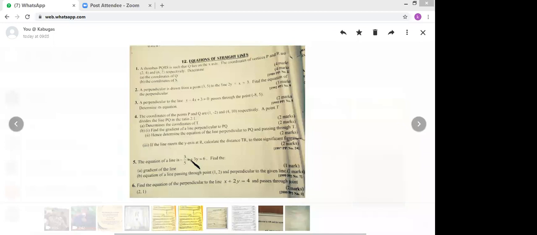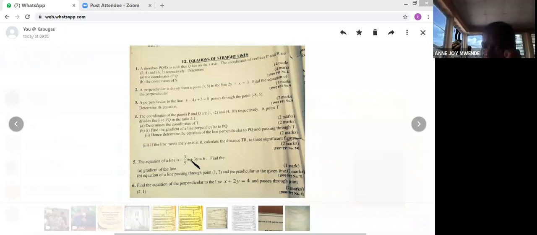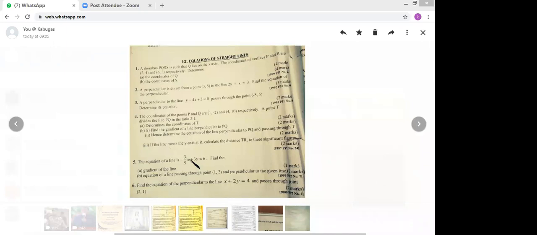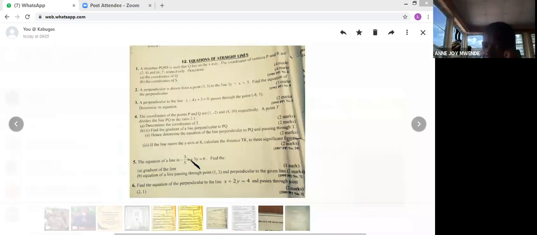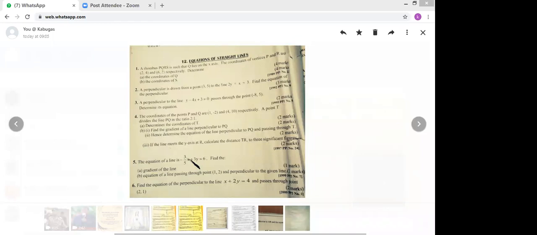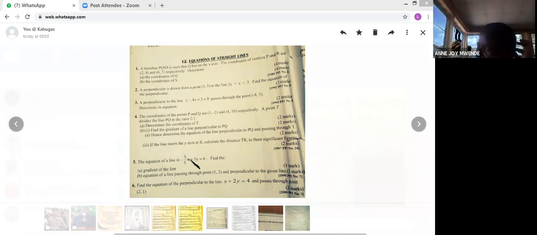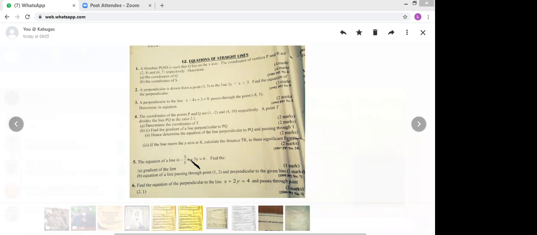It will be x plus 4y equals to 27. Yes, x plus 4y is equal to 27.